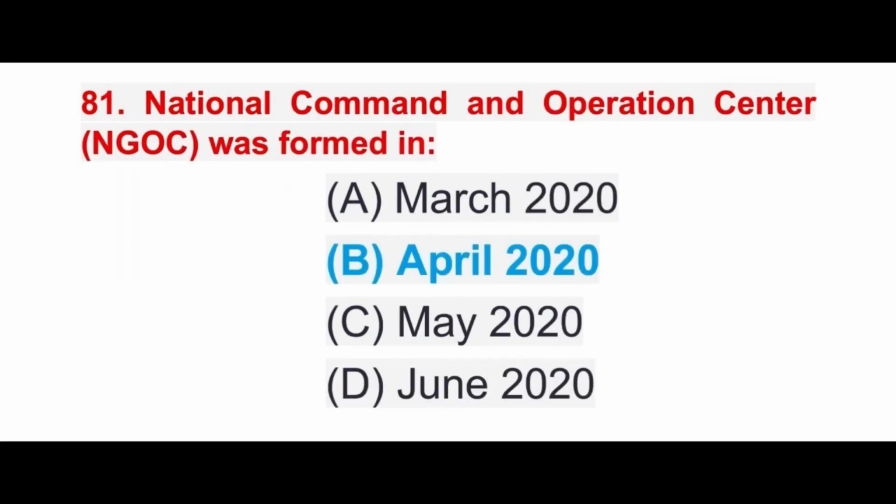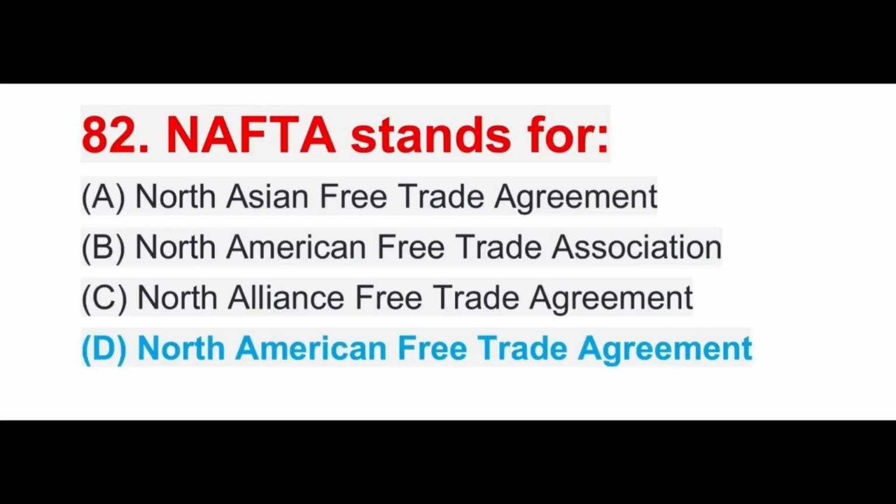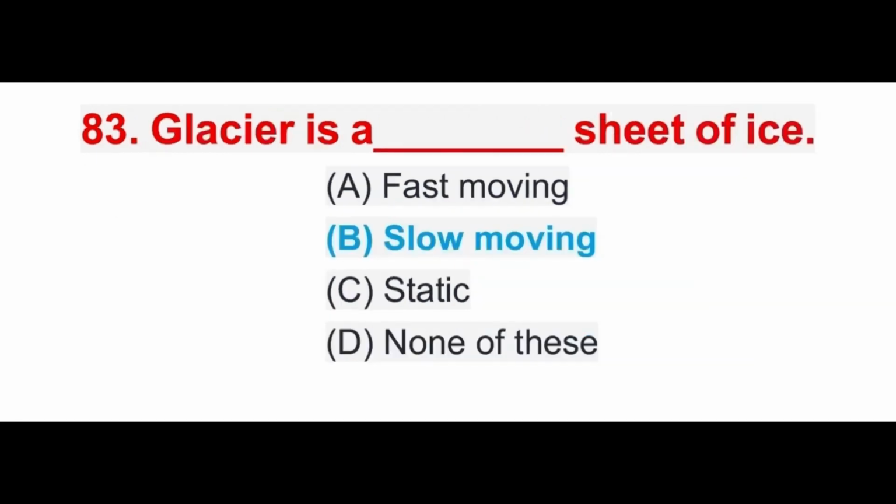Question number 81. National Command and Operation Center NCOC was formed in. That answer is April 2020. Question number 82. NAFTA stands for. That answer is North American Free Trade Agreement. Question number 83.